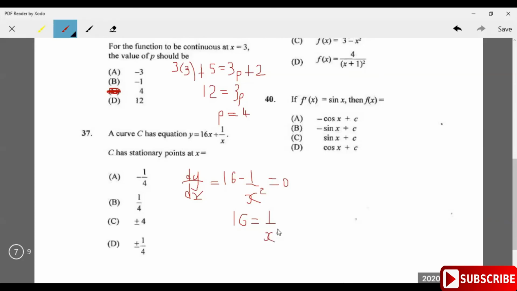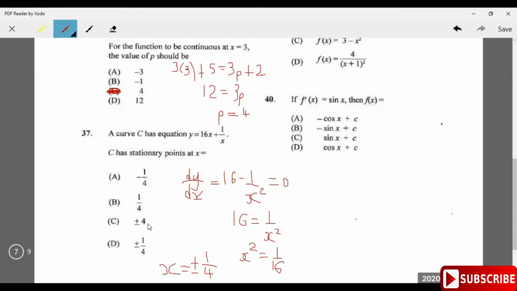And to find the stationary point, we solve dy by dx being equal to 0. And so what we're solving is pretty much 16 is equal to 1 over x squared. Transposing for x squared, we get x squared is equal to 1 over 16. When you take the square root of both sides, you get x is equal to plus or minus the square root of 1, which is 1, over the square root of 16, which is 4.